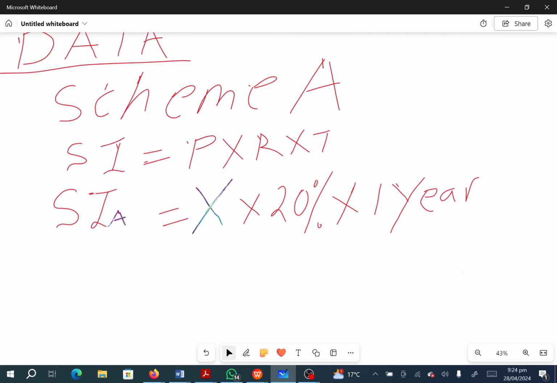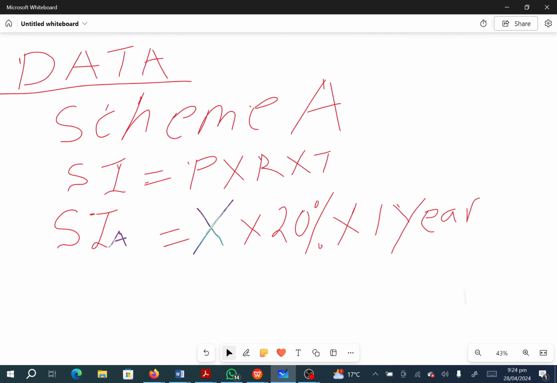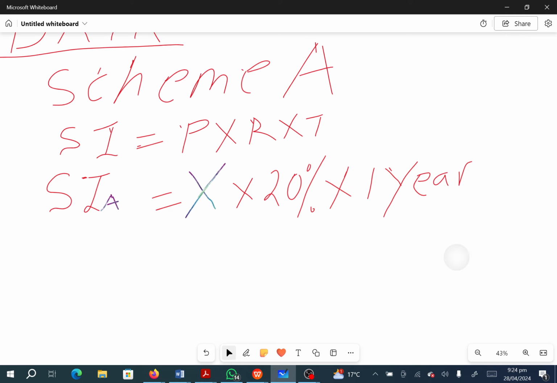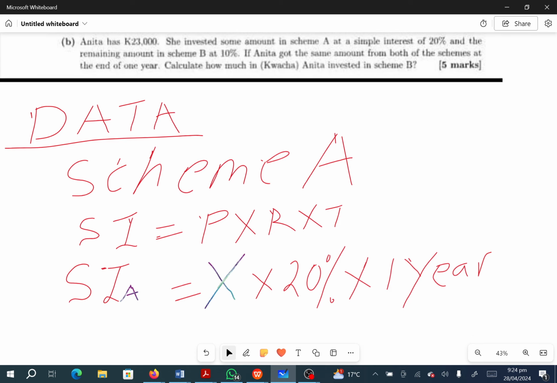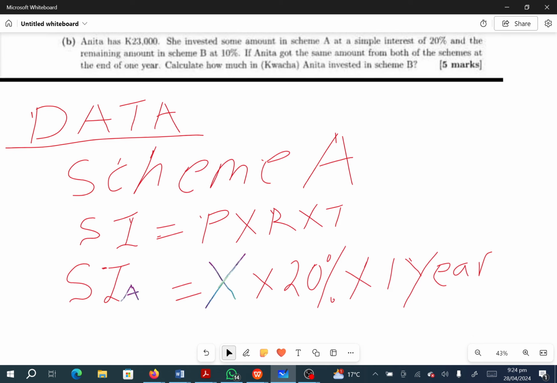From the data above, we are told that this girl called Anita had 23,000, which she decided to put into 2 investment schemes, scheme A and scheme B. We are told that scheme A was given a return on investment of 20%, and scheme B was given a return of 10%.